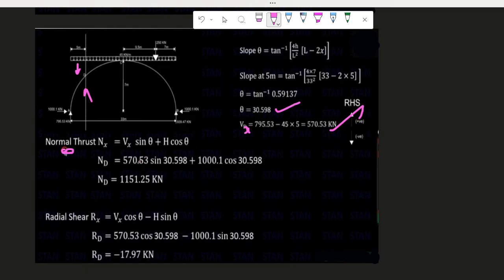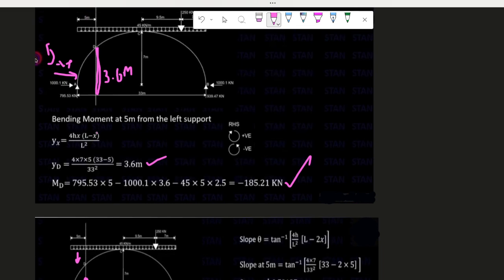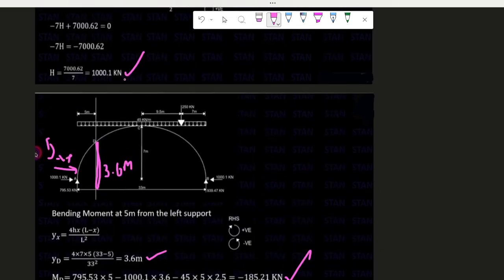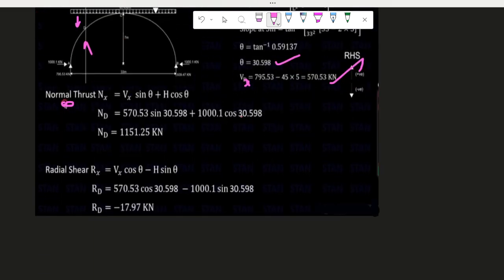Substitute the Vx value and sin 30.598, plus H equals 1000.1 as found above, times cos 30.598, and we get the normal thrust value. Similarly, radial shear equals Vx cos theta minus H sin theta. Substituting, we get the radial shear.